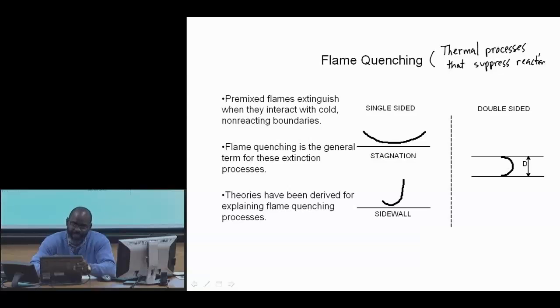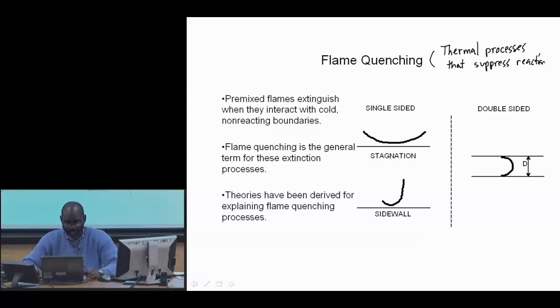I mean, there are ideas of non-premixed flame quenching, but that's not a typical sort of way of thinking about non-premixed flames. When we talk about non-premixed flames, there are issues that cause the flame to extinguish. Typically, these have to do with residence time issues, and we'll talk about when there is not enough time for the fuel and air to be together to react.